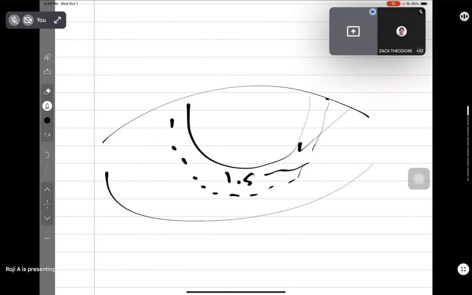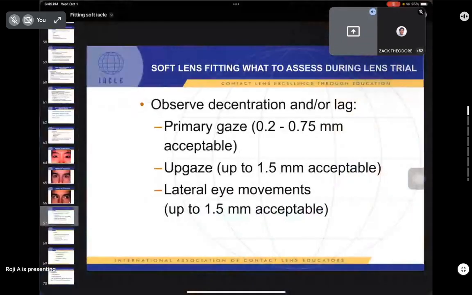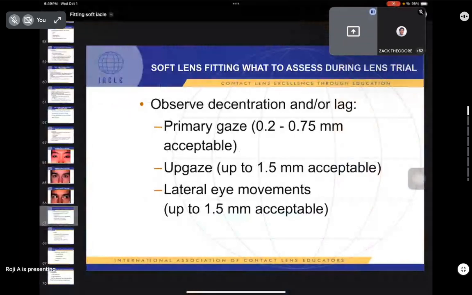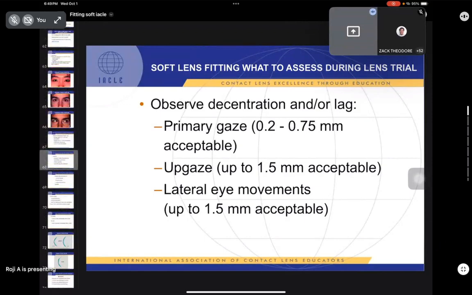If this is beyond 1.5, let's say 2 millimeter, then this is not acceptable. Are we clear so far? Yes, Doc. Okay, so we're good with observation of decentration, which you will do this Saturday, correct? You will see all of these this Saturday.